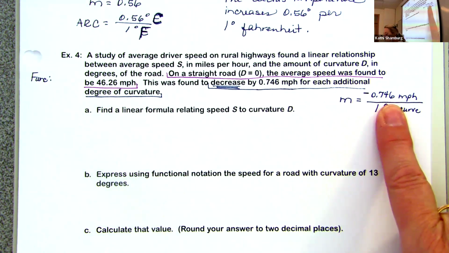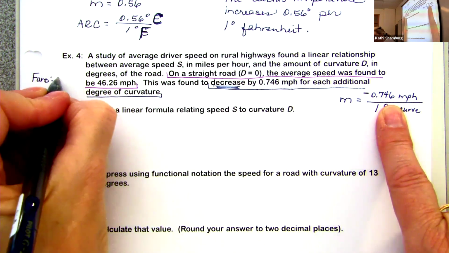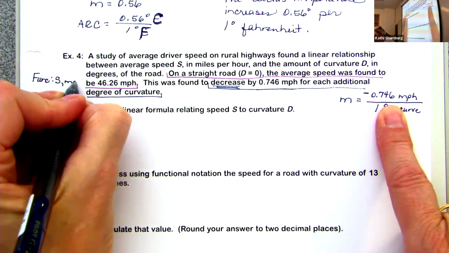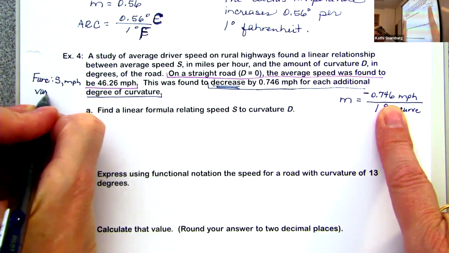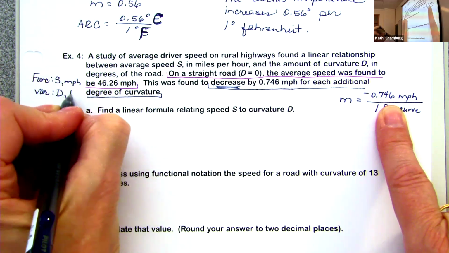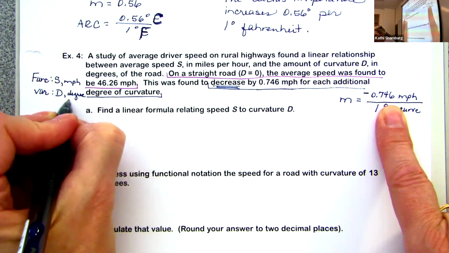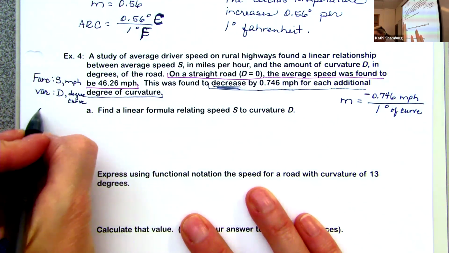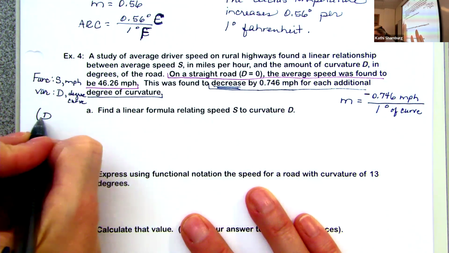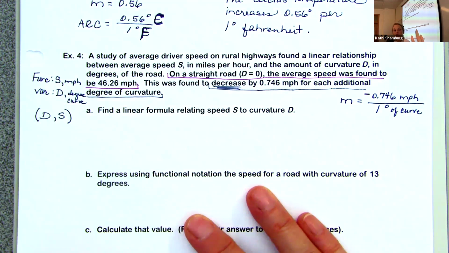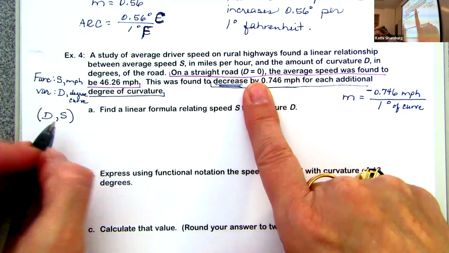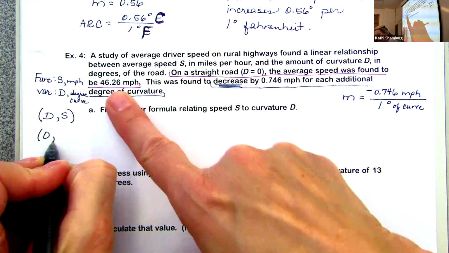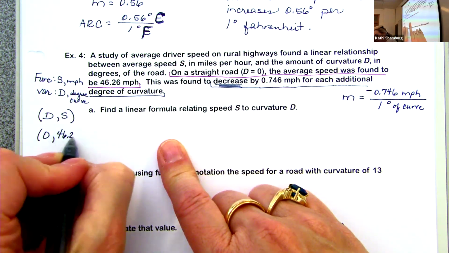So if the numerator is the change in the function, is my function S or D? S. Your speed in miles per hour, which means our variable is D, which is degrees of curvature, or curvature degrees. So my ordered pair would be D, S. So then I can come back up here and it said when D is 0, S is 46.26.